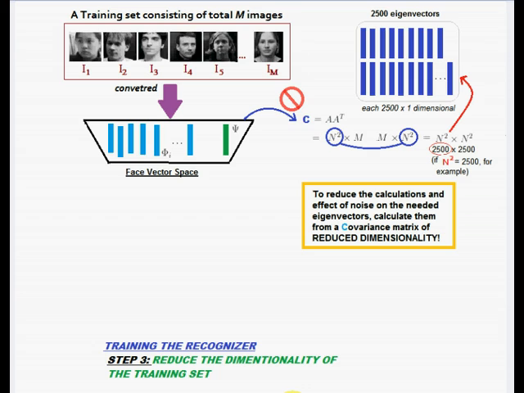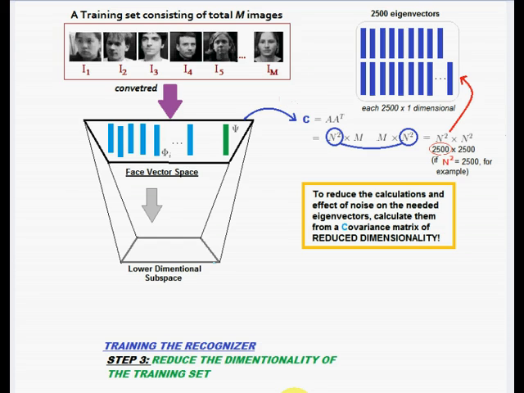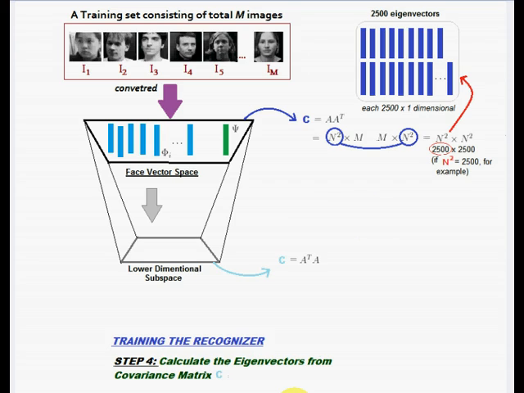To reduce the calculations and the effect of noise in the needed eigenvectors, calculate them from a covariance matrix of reduced dimensionality. So suppose that this is a lower dimensional subspace of our face vector space, and this new C that we are going to use to calculate eigenvectors is given by the formula A transpose into A. You see this?